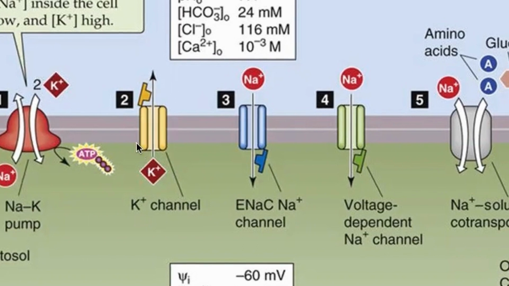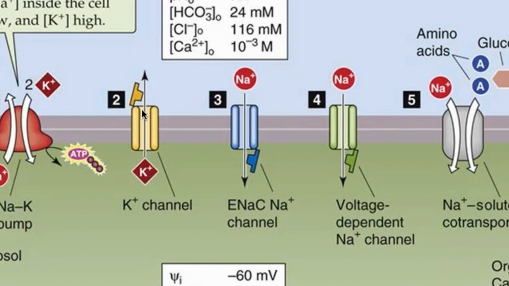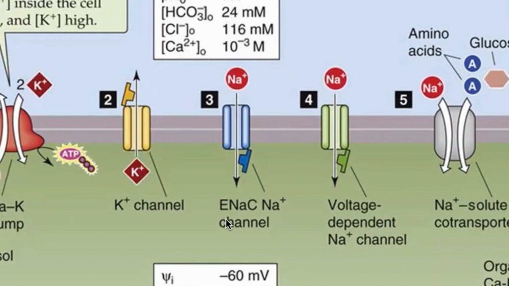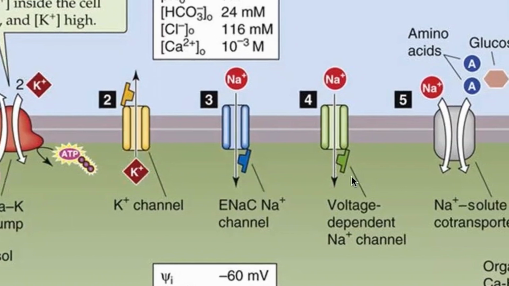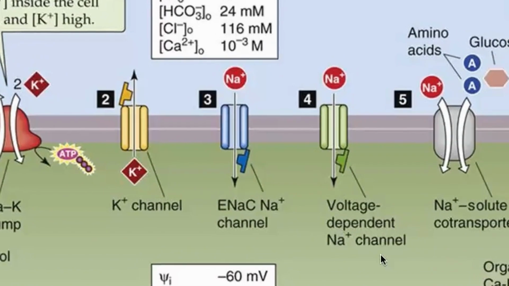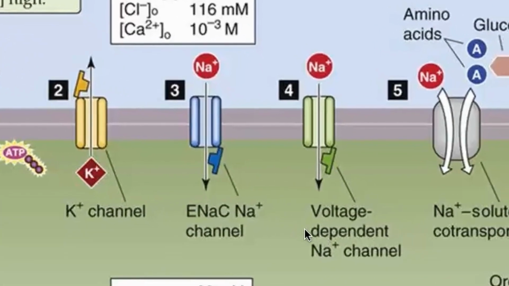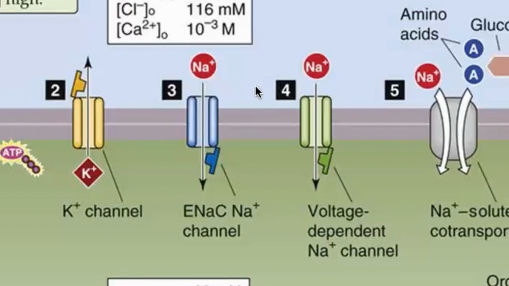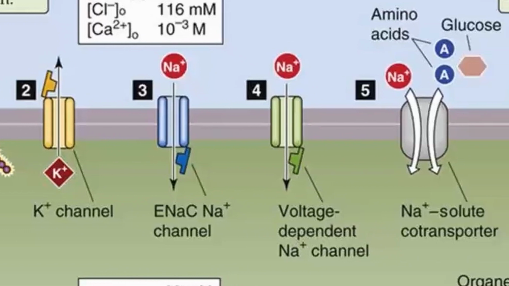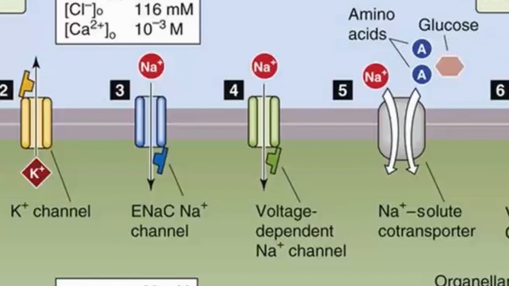The potassium channel will allow potassium to leave negligibly, and you also have voltage gated channels, as well as ligand gated channels. You're not seeing this in this diagram, but these are very important structures in the cell membrane that will help to regulate action potentials within the cell.